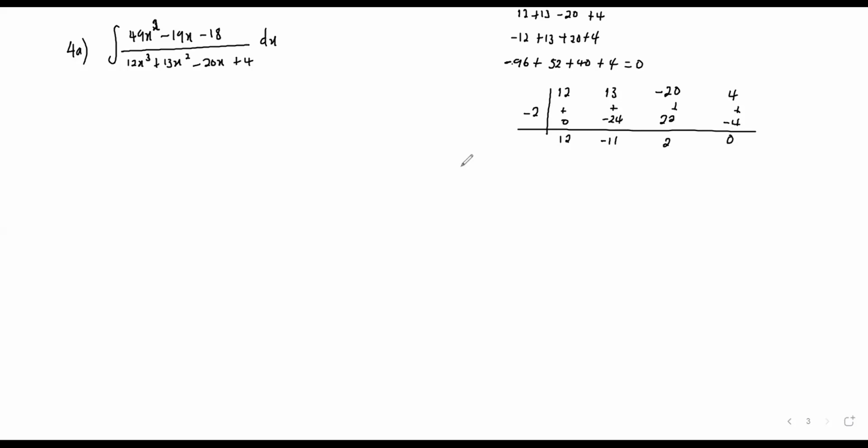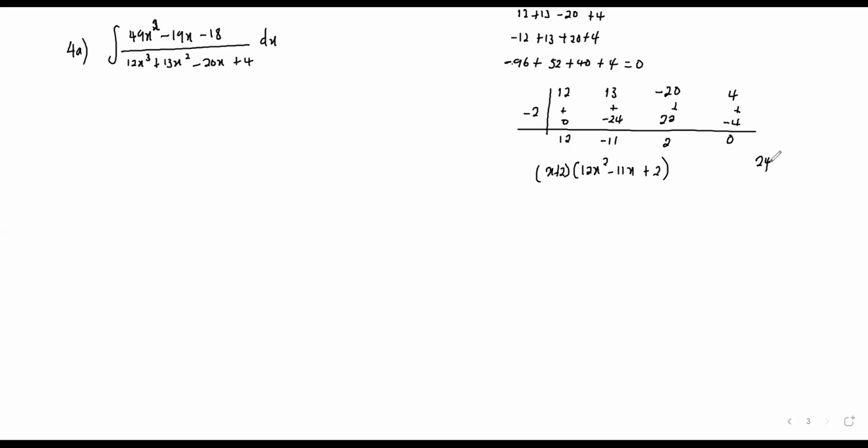Okay, fine. So this is going to be x plus 2. Since it's minus, it becomes plus inside. And then 12x squared minus 11x plus 2. Let's see the product for the quadratic. The product is 24. Two numbers, when we multiply, we get 24, and when we add, we get -11.